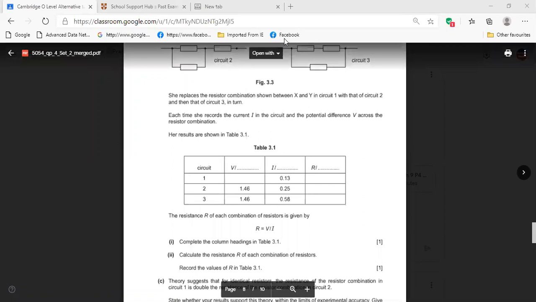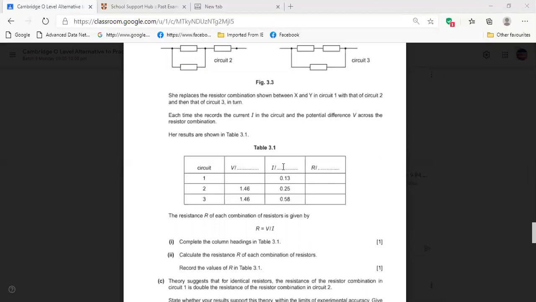Amjid and Abir. Yes, sir. Please check the discussions going on. What did you label here? Volts V, volt, then ampere A, ampere, then resistance ohm.